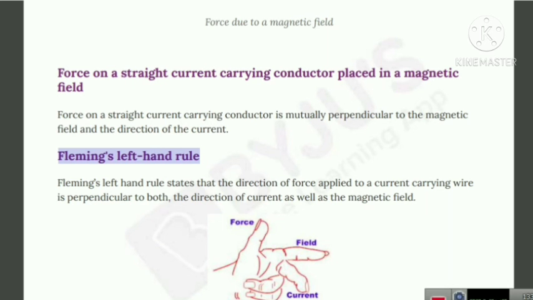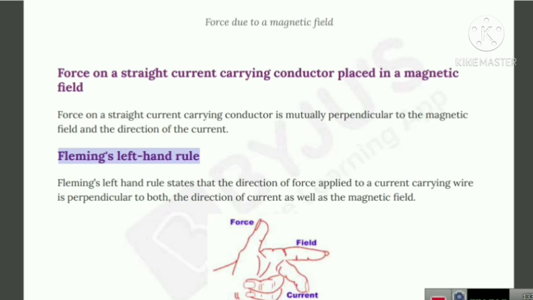When we are pointing our left hand in such a way that all these three fingers are perpendicular to each other, and by taking the position of the left hand in this way, Fleming's left hand rule states that the direction of the force applied to a current carrying wire is perpendicular to both, that is the magnetic field and the direction of the current as well.